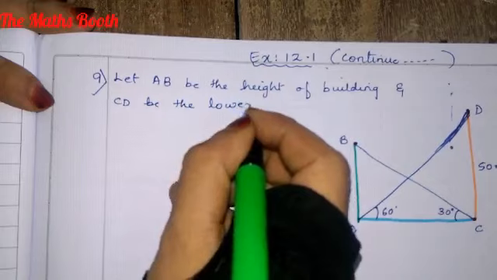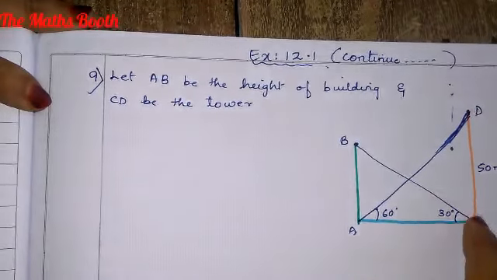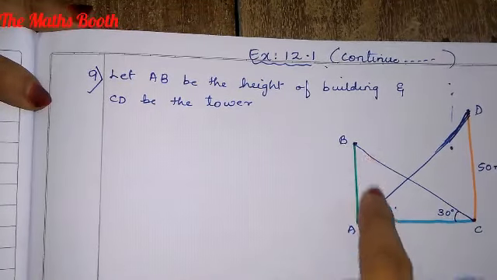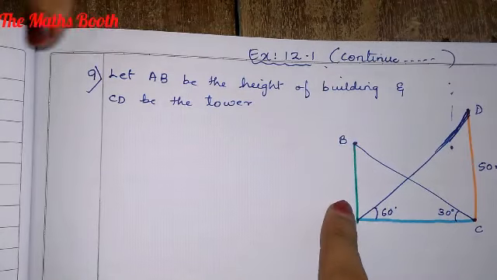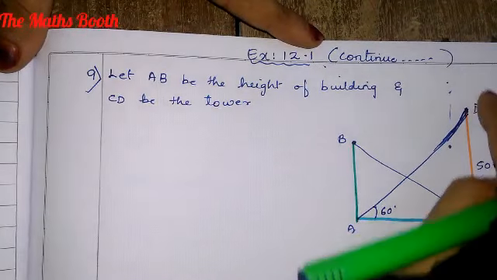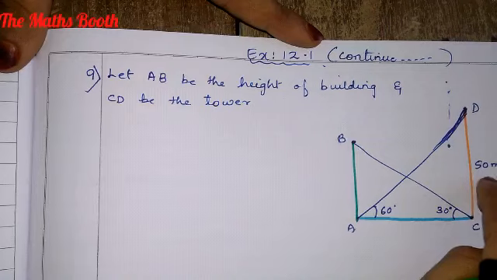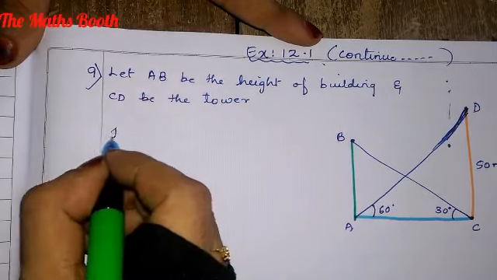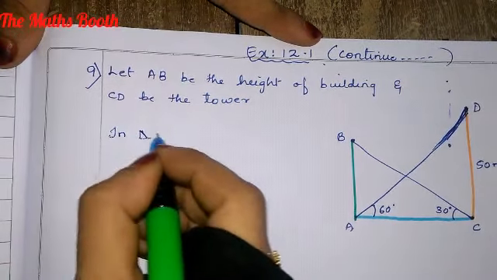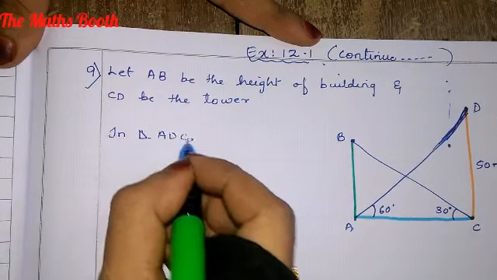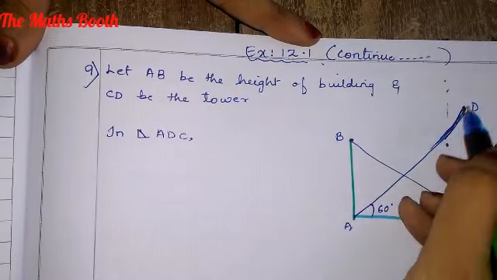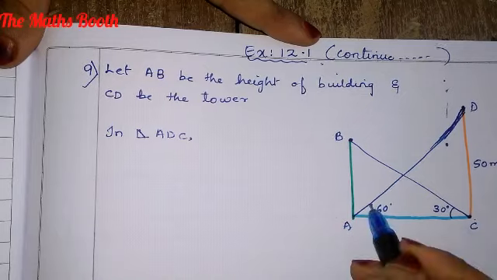Now they have given the height of the tower and they have told us to find the height of the building. So let us take first triangle ADC because something is given here, right? Let us focus. In triangle ADC, that means 60 degree.